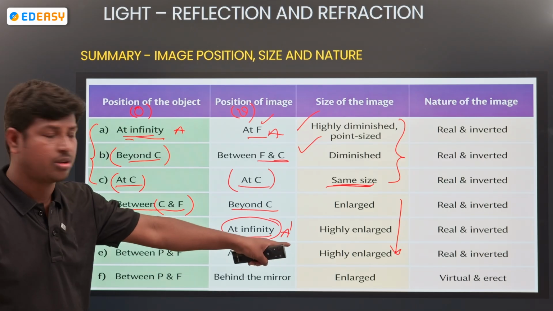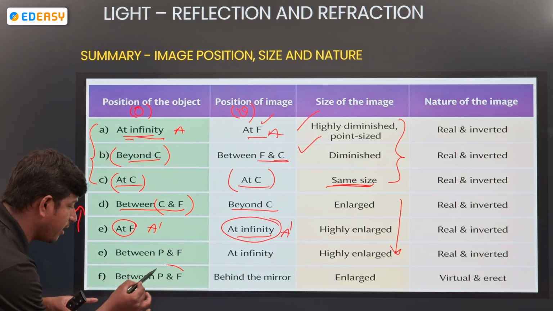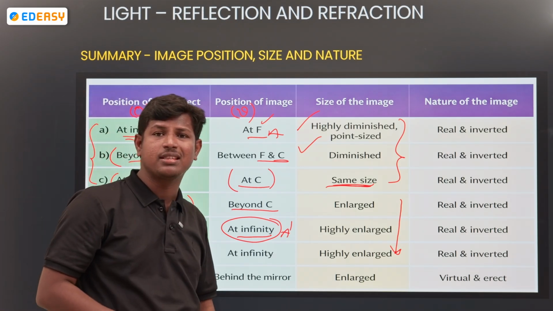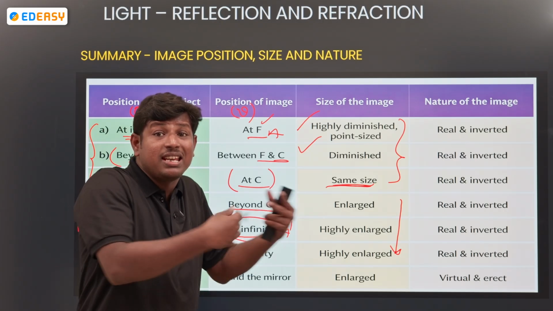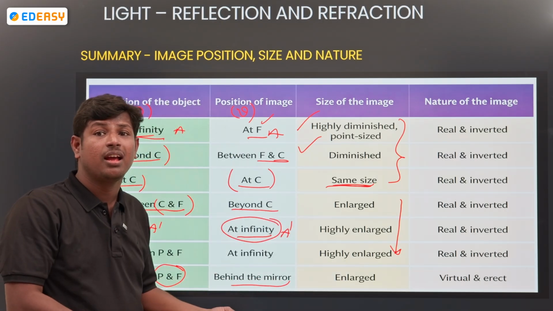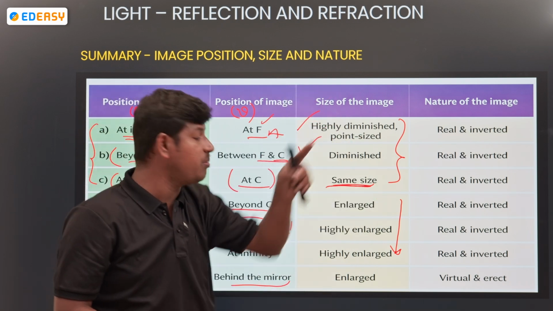And see, only in the case of P and F, where will the image be? Behind the mirror. And what is the size of the image? Enlarged. And what is the nature of the image?